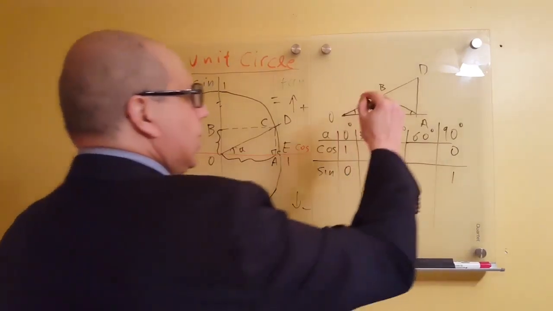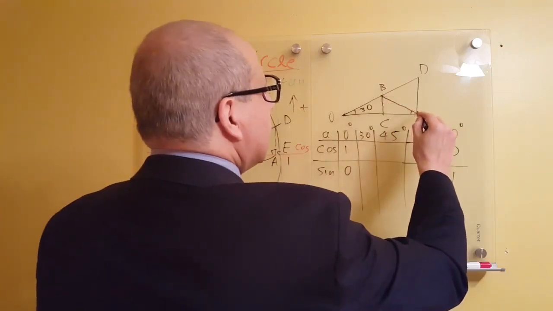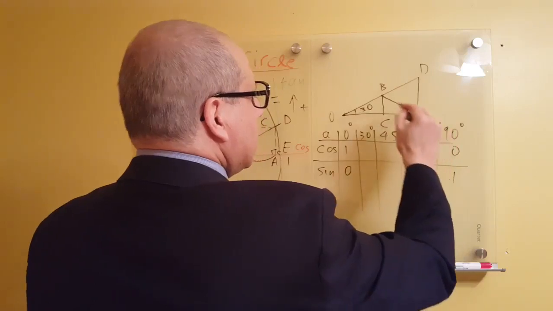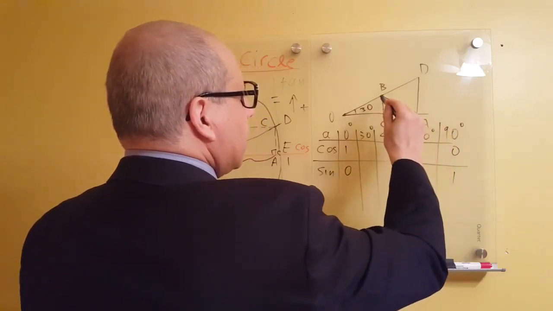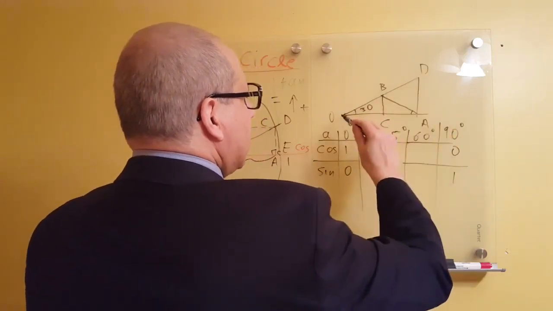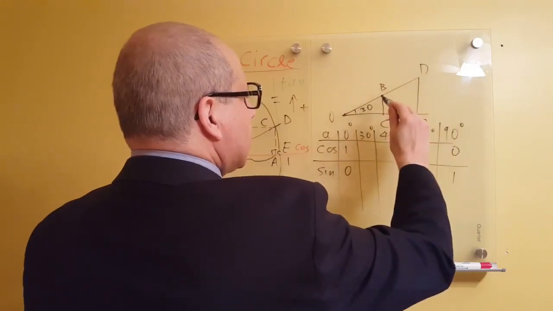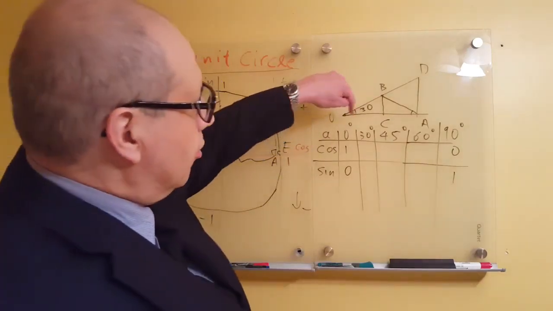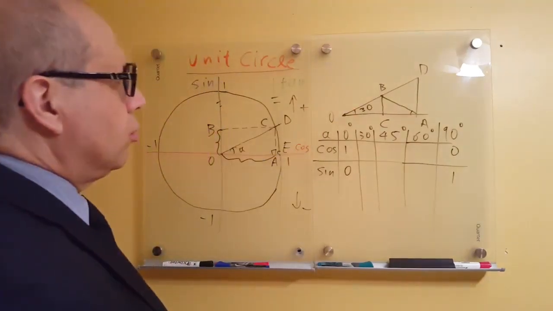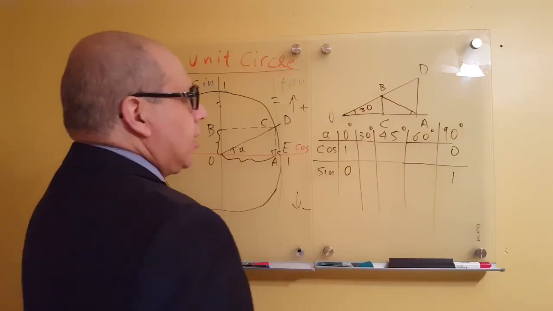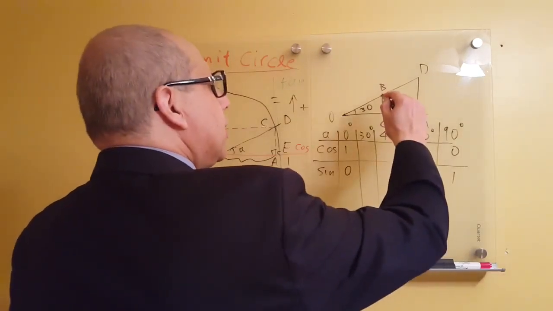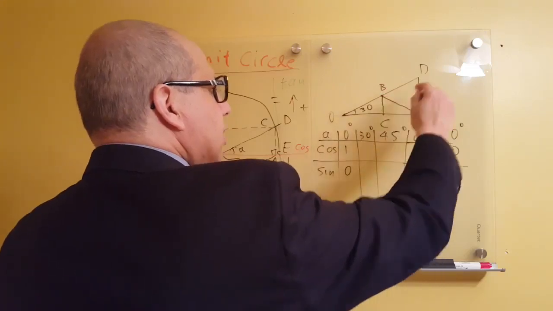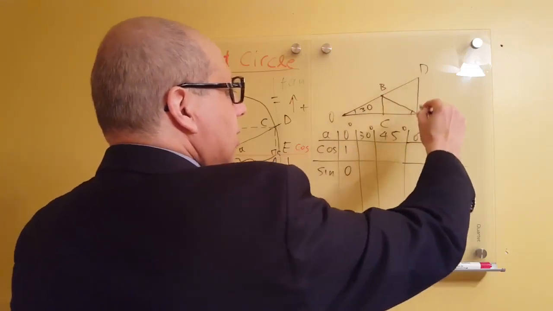From this angle here, which is 90 degrees, I bring the segment which intersects OD in the middle. So this point P is the midpoint of OD. Now from this point I bring the parallel: this line BC is parallel with DA.